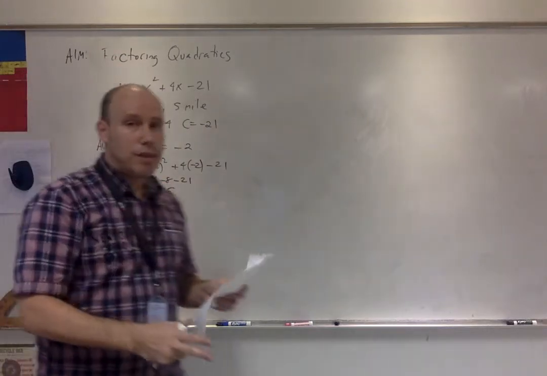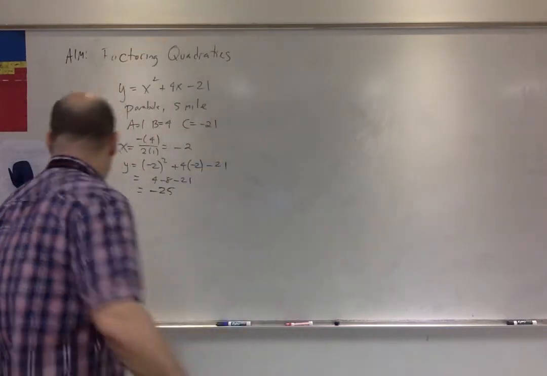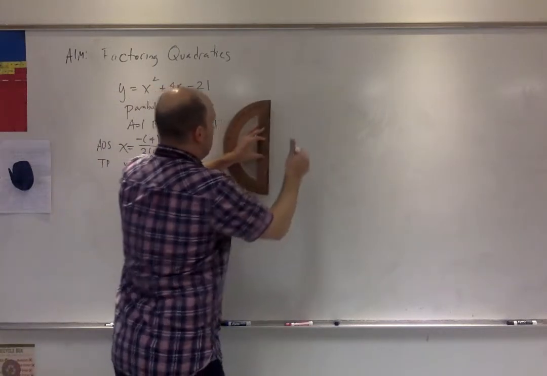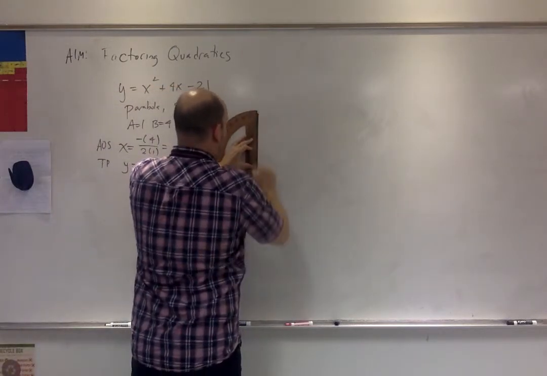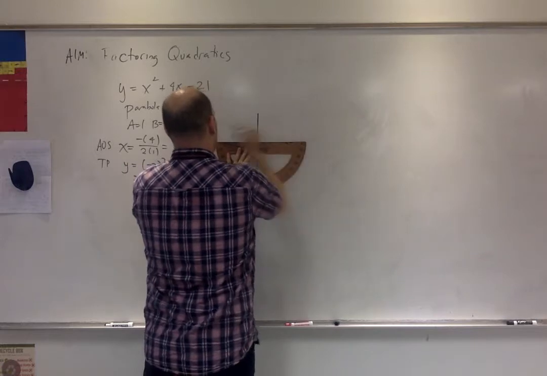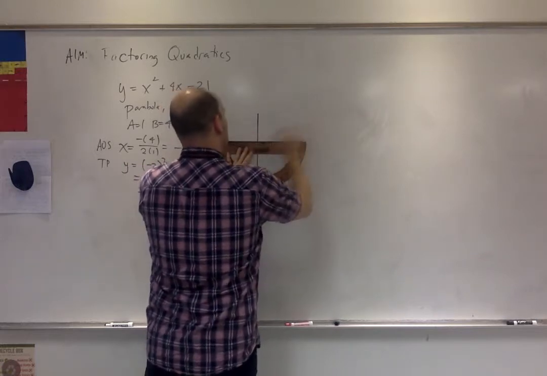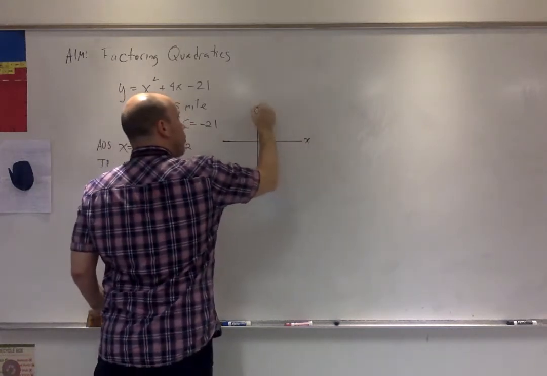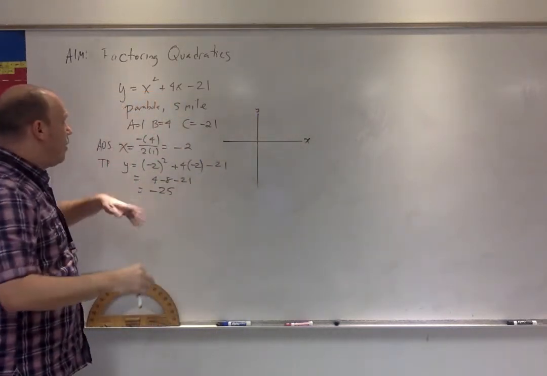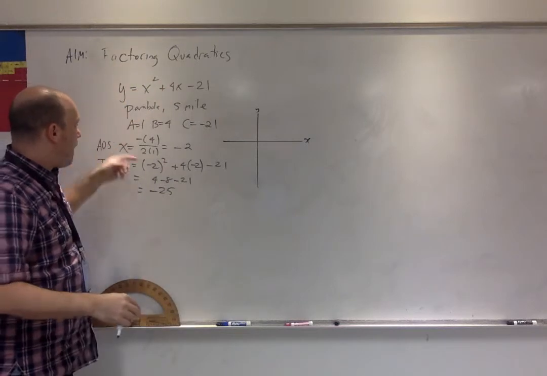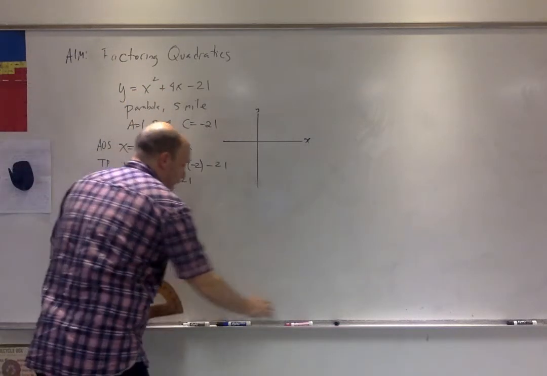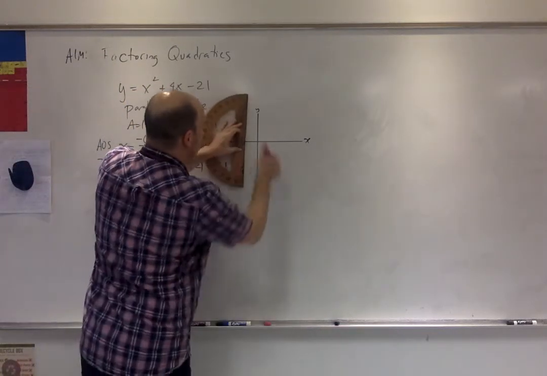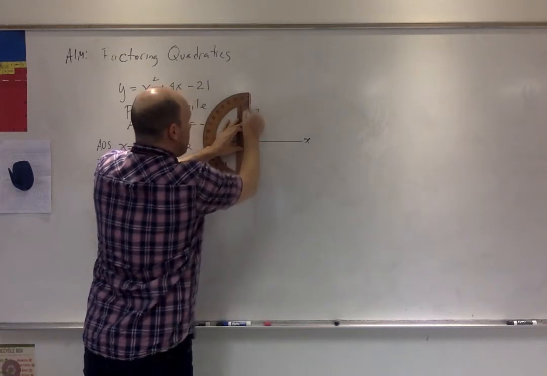Okay, let's start to sketch this. We have our axes, this is x, this is y. We know it's a parabola, a smile. The axis of symmetry is x equals negative 2, so it looks kind of like this.